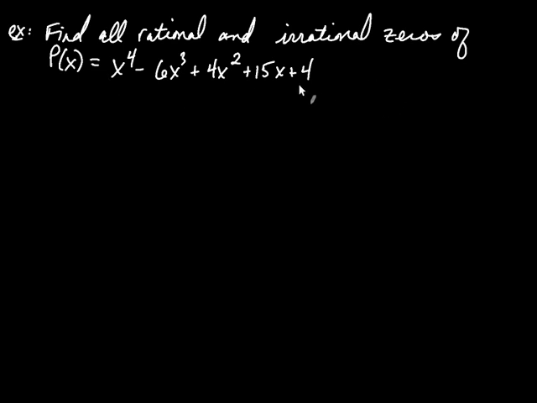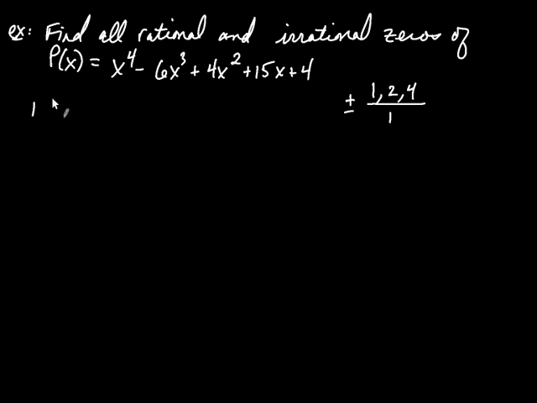So in this case, the divisors of 4 are 1, 2, and 4, and we divide by the divisors of, in this case, just 1, so positive and negative. So we have to consider the numbers 1 over 1, 2 over 1, 4 over 1, and the negatives of those as well. So let's start with 1. So we're asking ourselves, is 1 a rational zero for this polynomial?